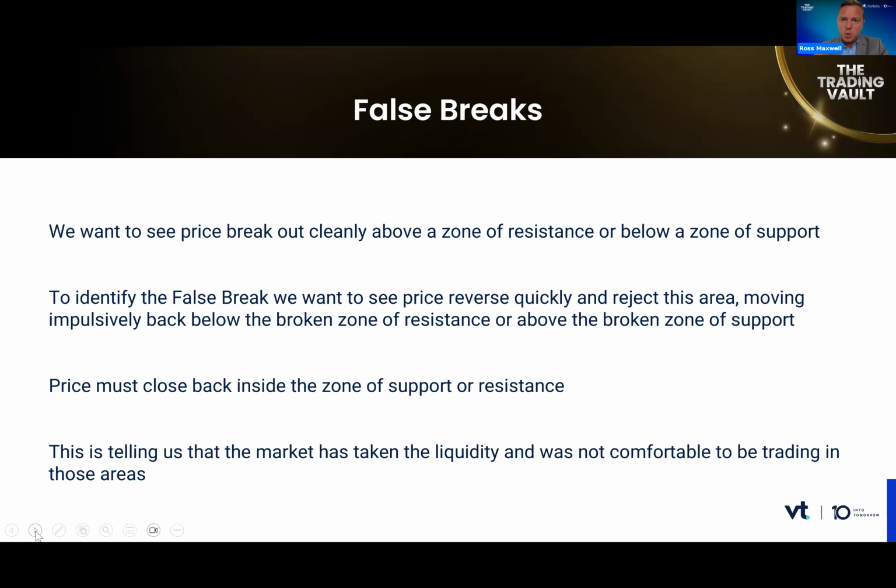So it's a really vitally important characteristic that the market closes back inside that zone of support, or vice versa, the zone of resistance, if it's breaking out from higher.